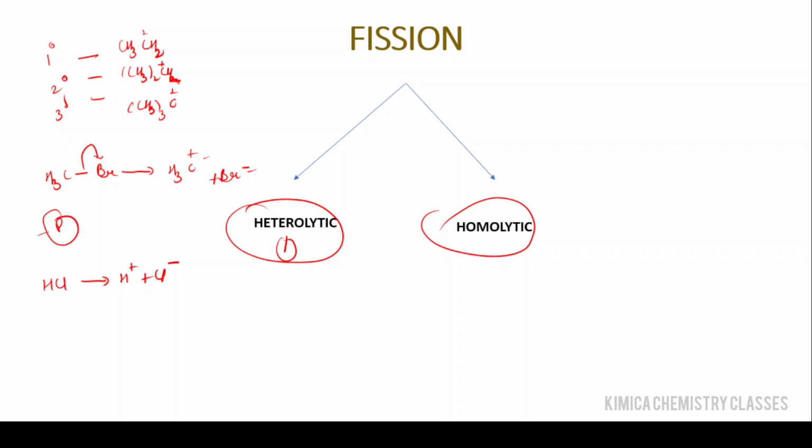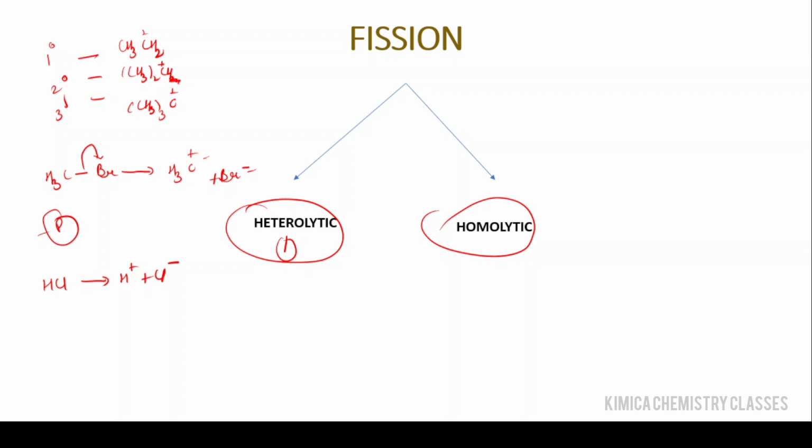Homolytic fission occurs in non-polar solvent with heat or UV light. So in homolytic cleavage, one of the electrons of the shared pair in a covalent bond goes with each of the bonded atoms. Thus in homolytic cleavage the movement of a single electron takes place, instead of an electron pair.